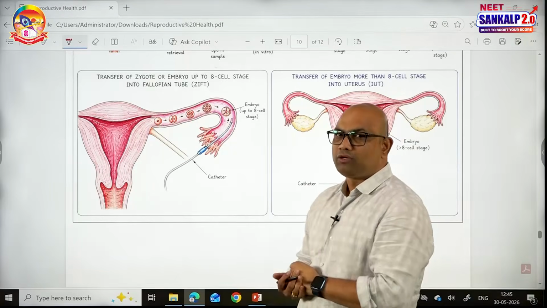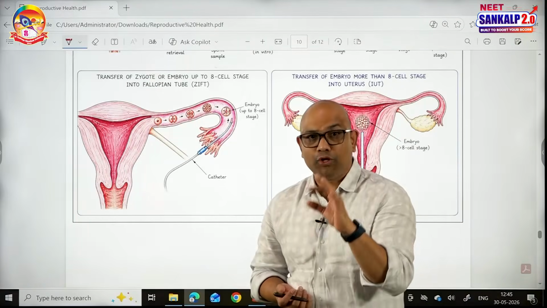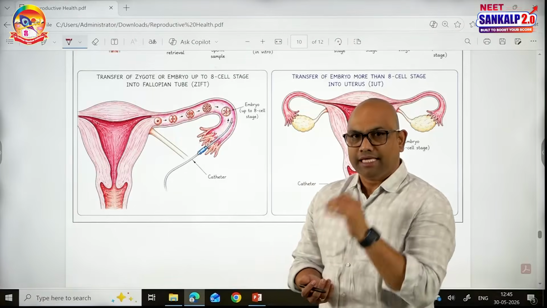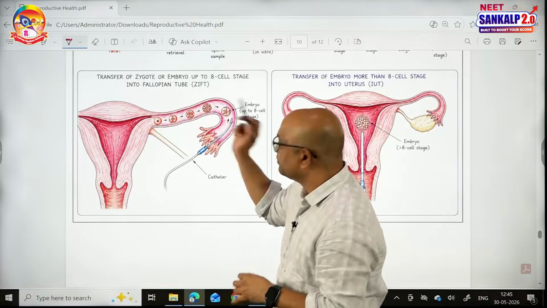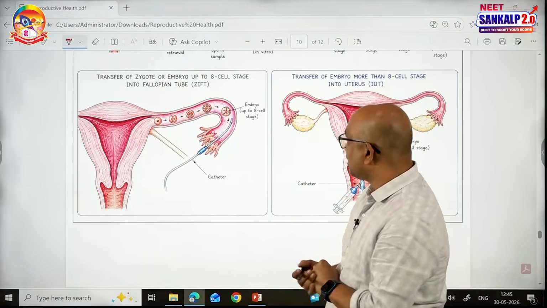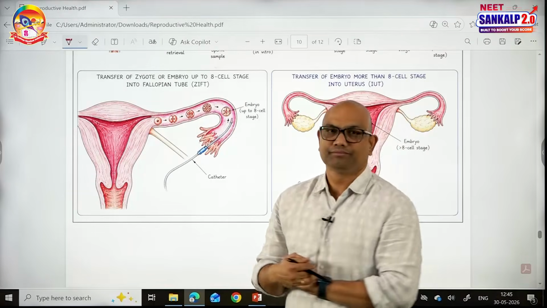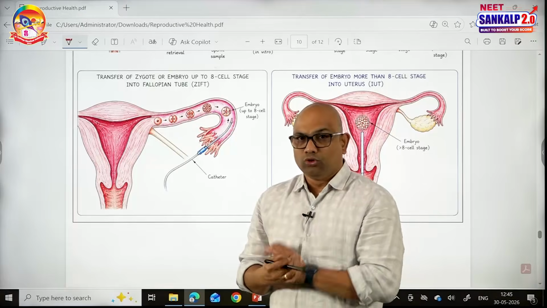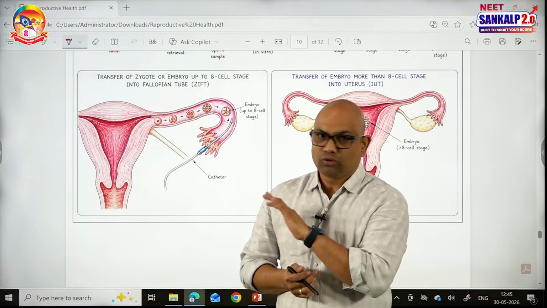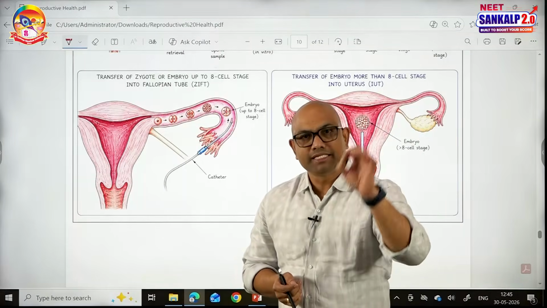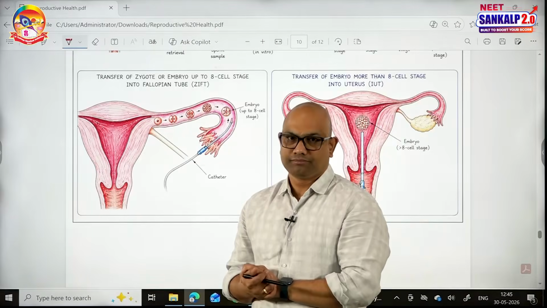So, if they want to transfer either zygote or embryo up to 8-celled stage, they have to transfer it into the fallopian tube. This method is called ZIFT, zygote intrafallopian transfer. Though it has the name zygote, not only zygote, embryo up to 8-celled also should be transferred in this method.